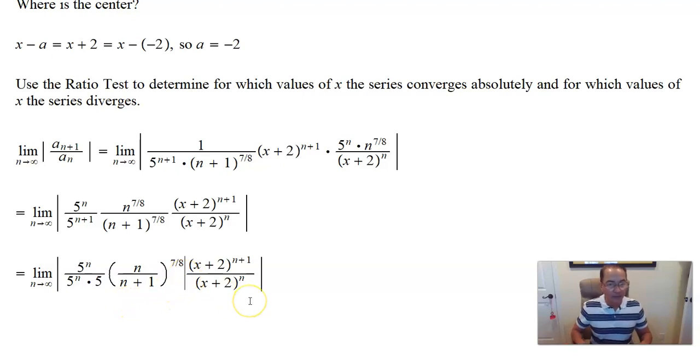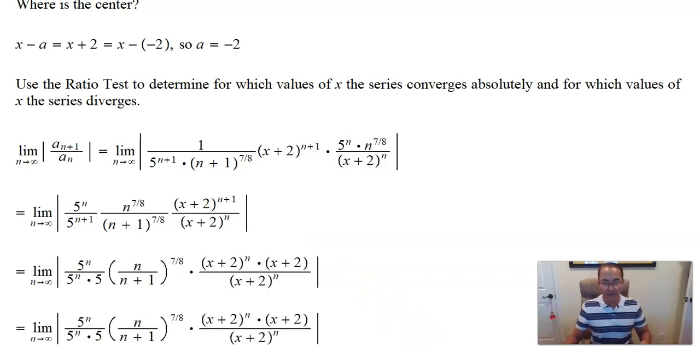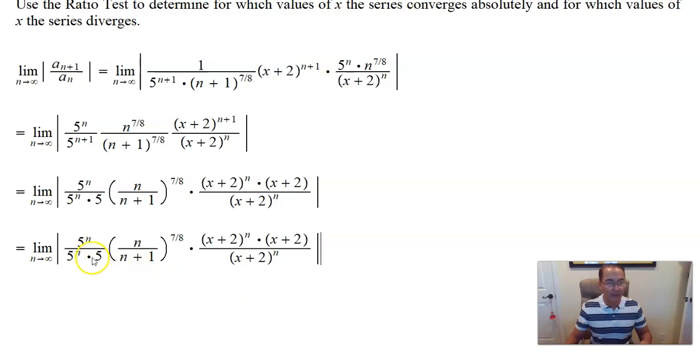And similarly, we'll put the times over here because x plus 2 to the n plus 1 is the same as x plus 2 to the n times another x plus 2. All right, so little by little we are simplifying this, and we can hopefully take the limit very, very soon.